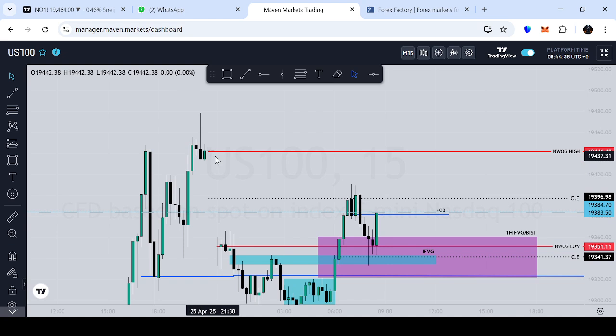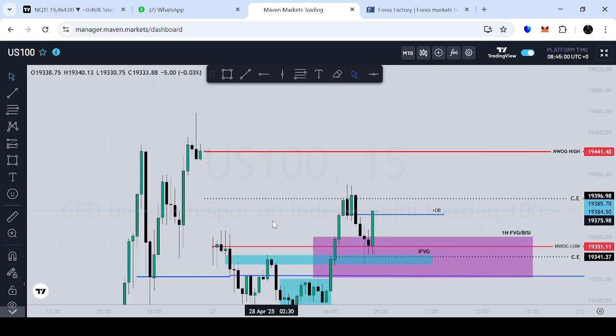The gap between where price closed on Friday and opened on Sunday midnight. So we measure out the 50% using your Fibonacci retracement. You anchor from the low to the high to get your 50% Fibonacci level.